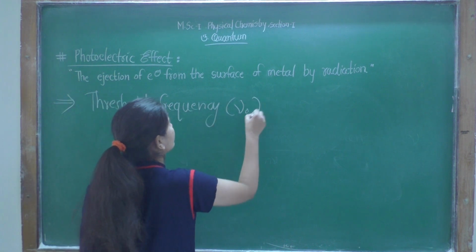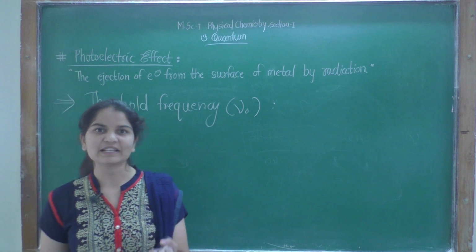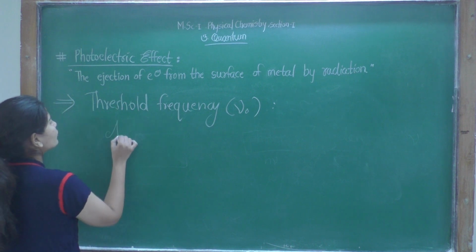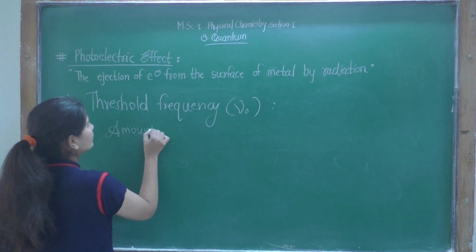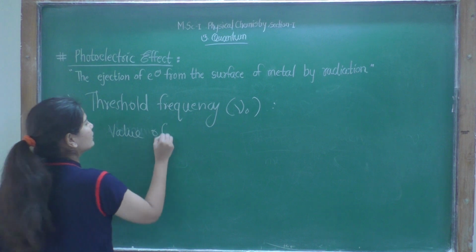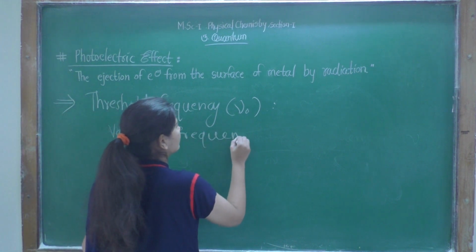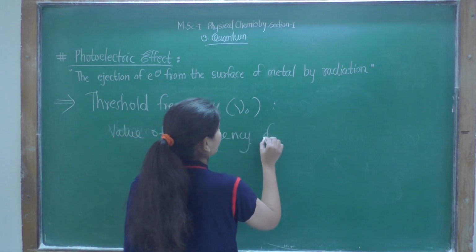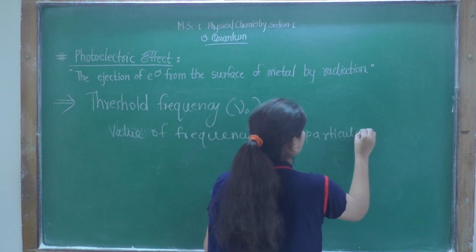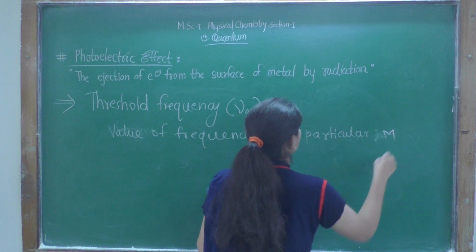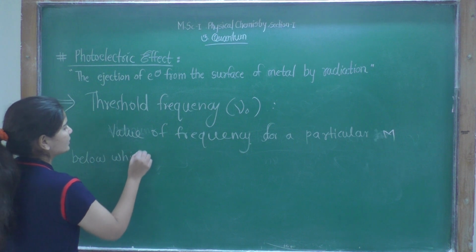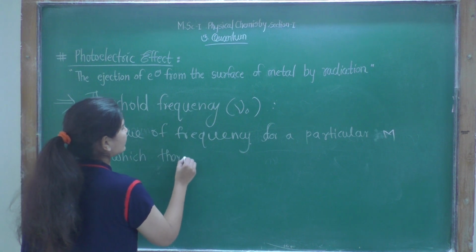Denoted by nu naught, it is the minimum frequency required for a particular metal, below which there is no ejection of electrons.